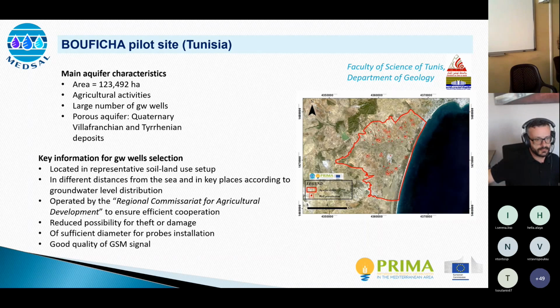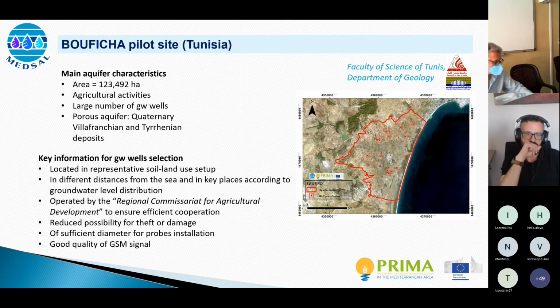Also, since 2015, the abstraction and exploitation of the Bufisha aquifer became higher than the resource available in this aquifer.